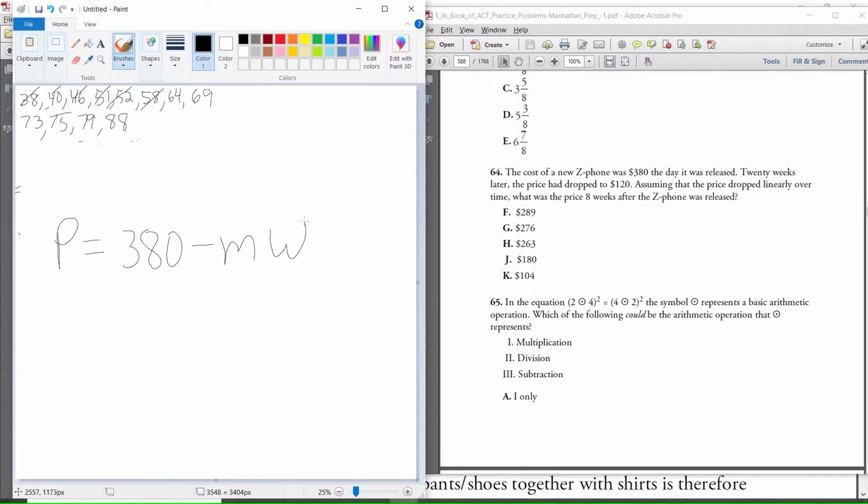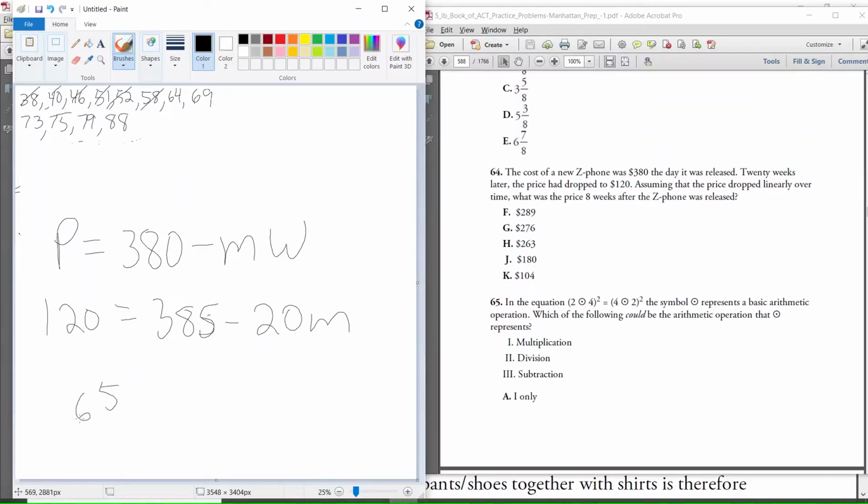So they gave us the first situation. They said after 20 weeks, it had dropped to 120. So we could put 120 equals 380 minus 20, because that's the number of weeks, times M. And then we could solve that for M. So we could get, what's 380 minus 120?